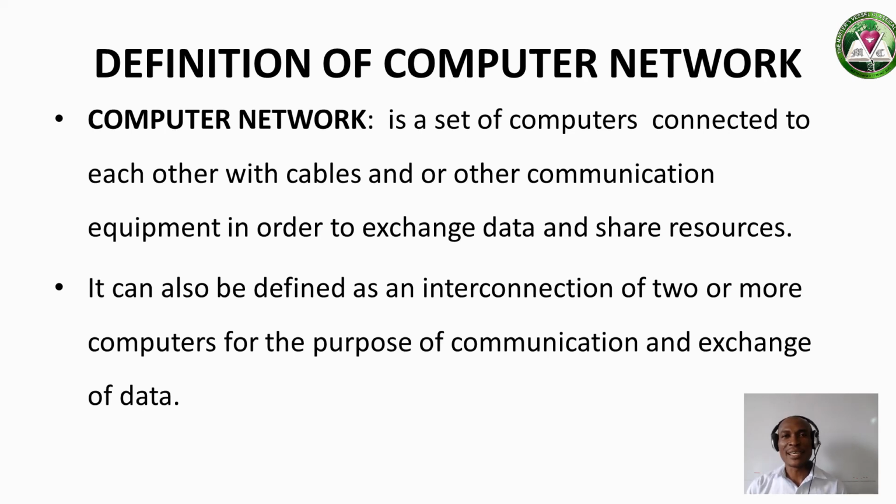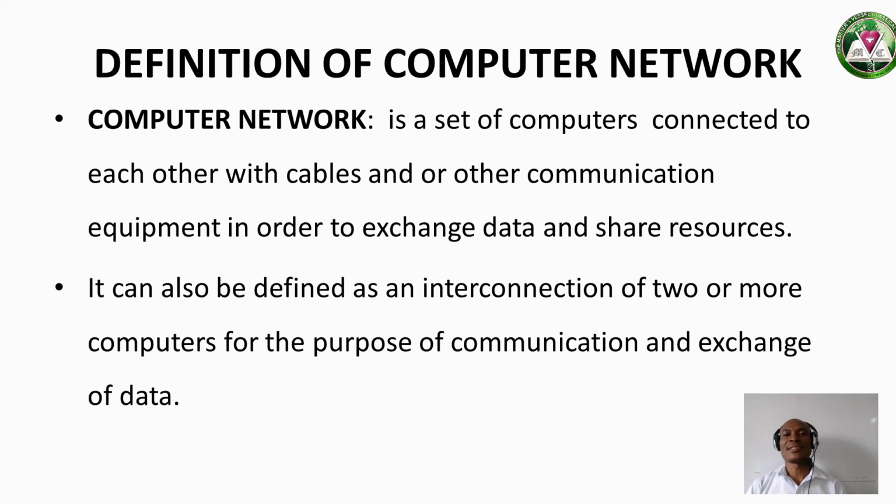They must be interconnected in such a way that data or files can be sent or transferred from one computer system to the other. When you set up this kind of environment, you can now say that the computer systems are in a network.